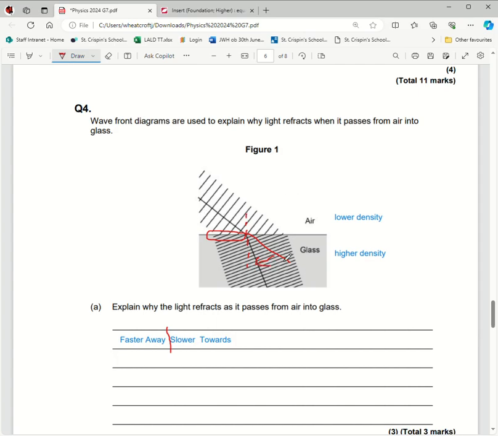So it's slowed down, it's moved towards the normal. Now the rest of the light wave over here hadn't yet hit the boundary, so carried on at the same speed in the same direction. However, when it does eventually hit the boundary between the air and the glass, it will also slow down and then also move towards the normal.